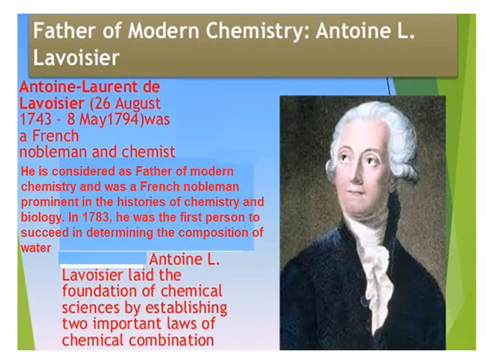Now, look at this picture, children. He is a very prominent chemist who lived in the 18th century, and he is known as the father of modern chemistry. And who is that?